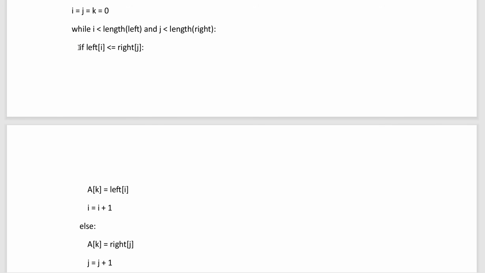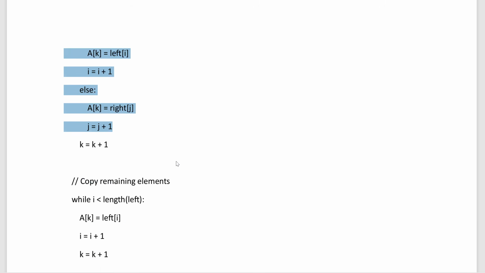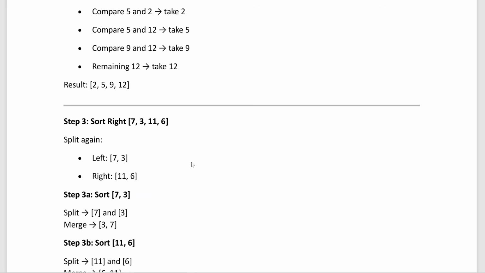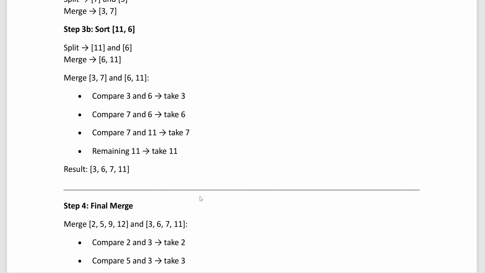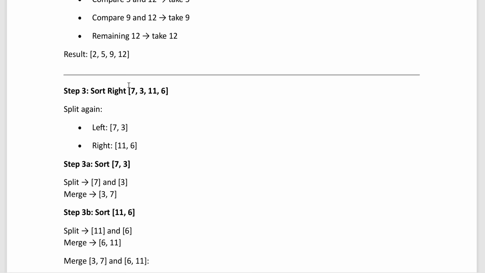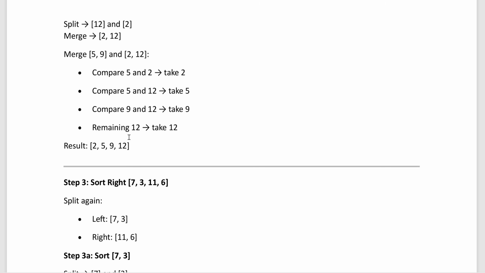This is the if statement where we are doing the comparison, right? So this is the simple logic behind merge sort. That's why it is named merge: we are merging the arrays and sorting them in ascending order. So we have got this result up to now: 2, 5, 9, 12.